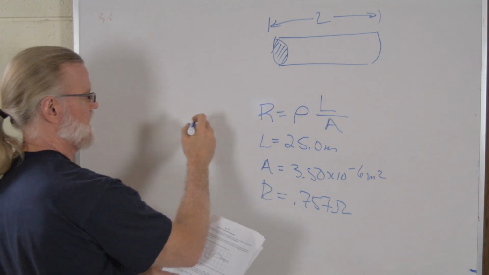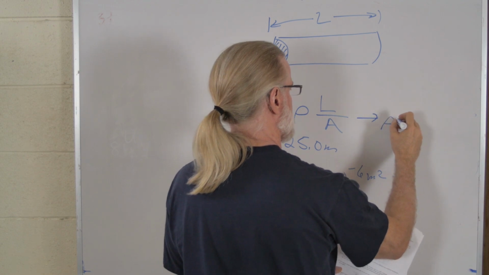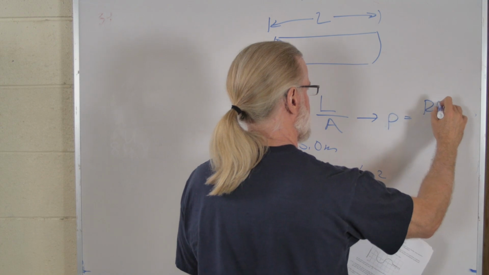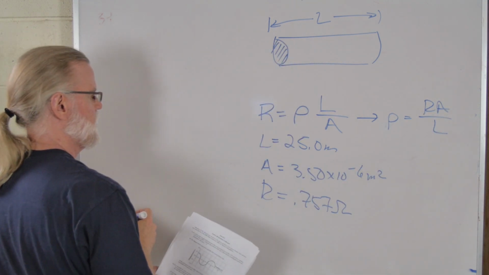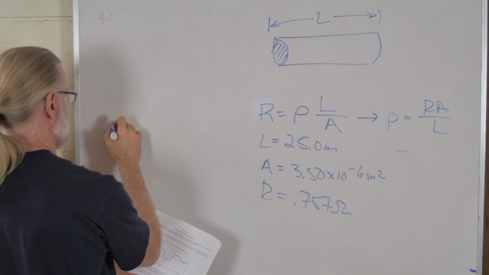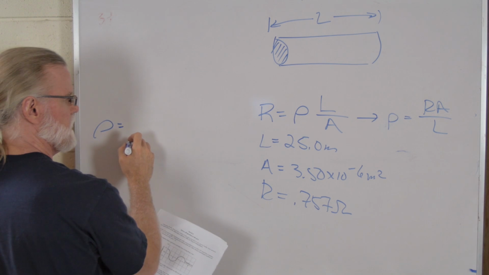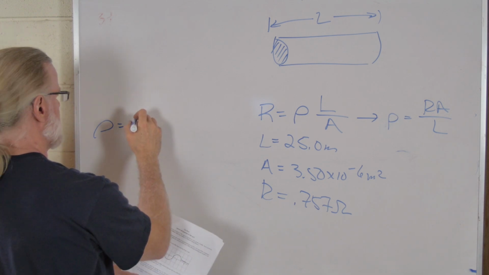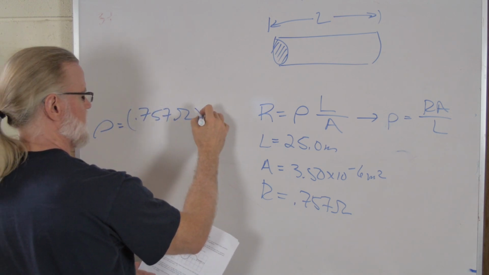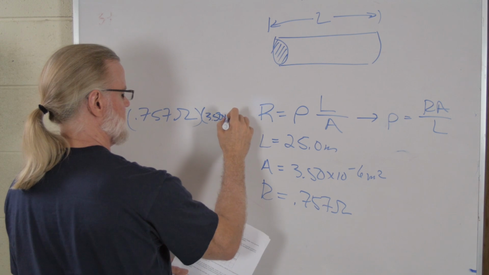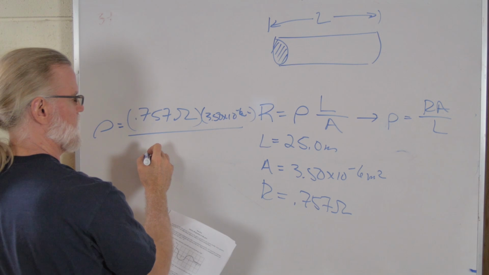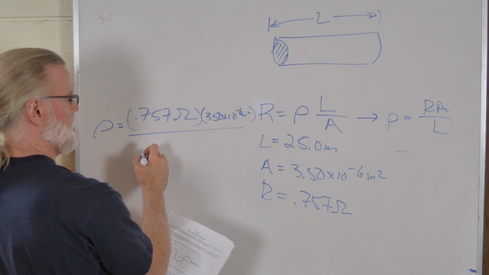All right, let's just rearrange this equation. Resistivity equals RA over L. So the resistivity equals 0.757 ohms times the area, 3.50 times 10 to the minus 6 meters squared, divided by the L, 25.